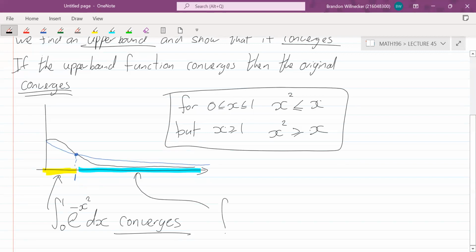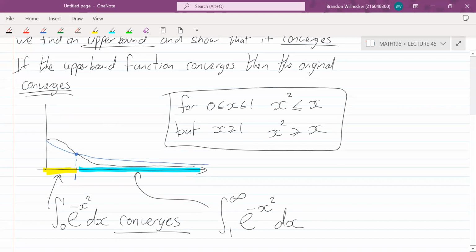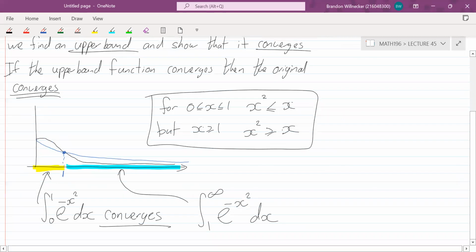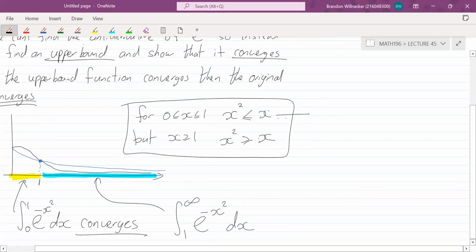Now, on this other part, we have the integral from 1 to infinity of e to the minus x squared dx. Okay, so now we need to use the fact that e to the minus x is bigger. Because if we look here from this first part, we see that minus x squared is going to be greater than or equal to minus x.